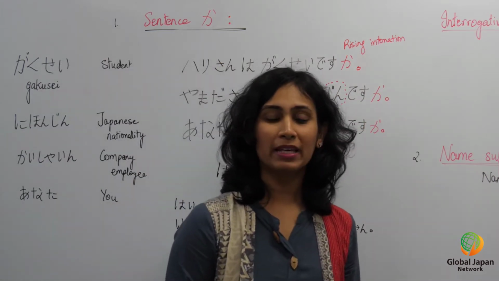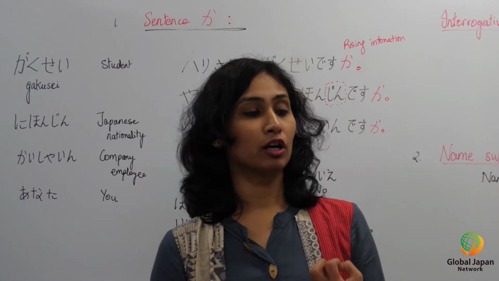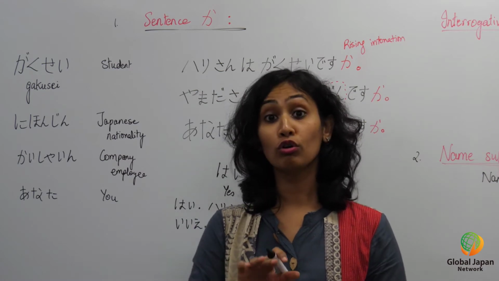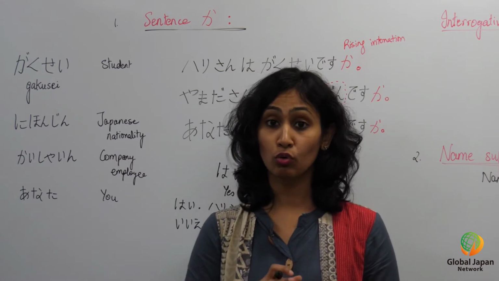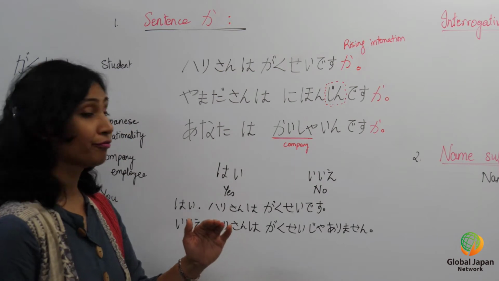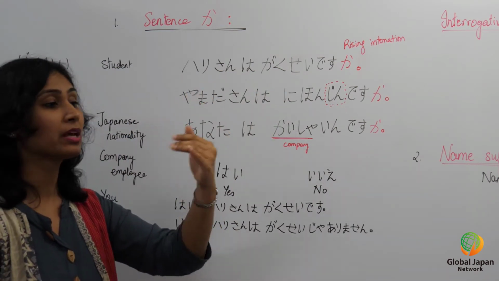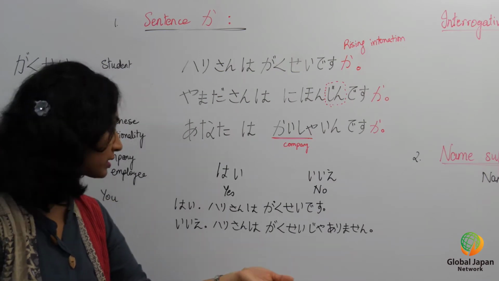Now, in Japanese, if the topic or the subject is understood from the context, you could drop it. So you could omit it if it is understandable. You need not repeat something which the listener already knows.